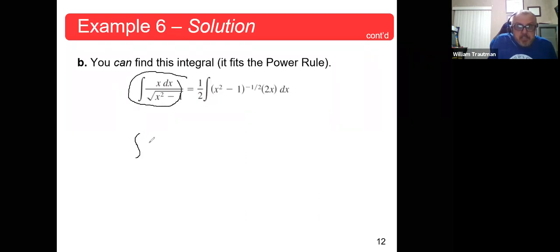Let's rewrite this. X times x squared minus 1 to the negative 1/2. If we bring the square root up to the top, the negative happens, and change the square root to a 1/2 power, this is what we got. So, you know, this is times dx.